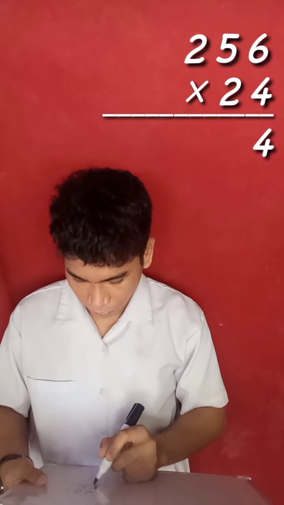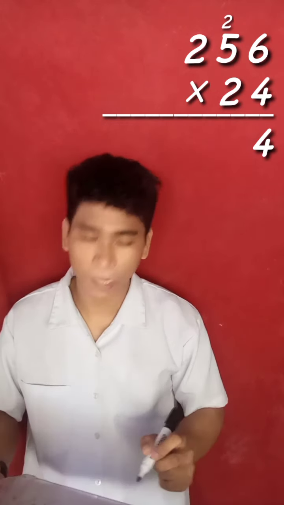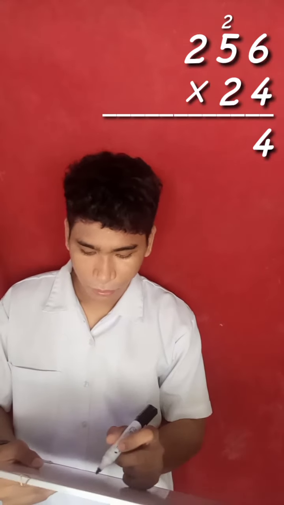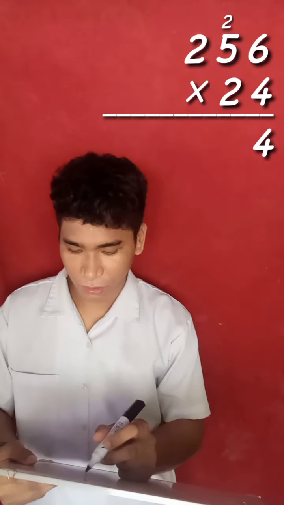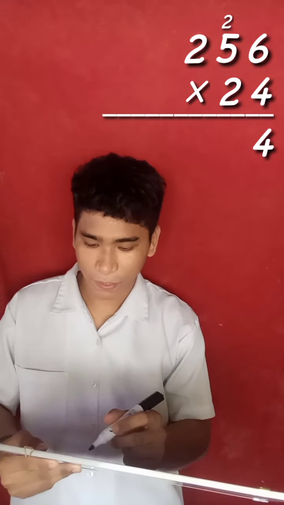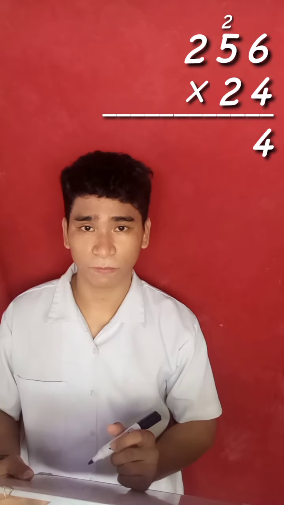Yes. So, bring down the 4 and then write 2 sa taas ng 5. Now, since we finished the number 6, we go to the number 5. 5 multiplied by 4. 5 times 4.